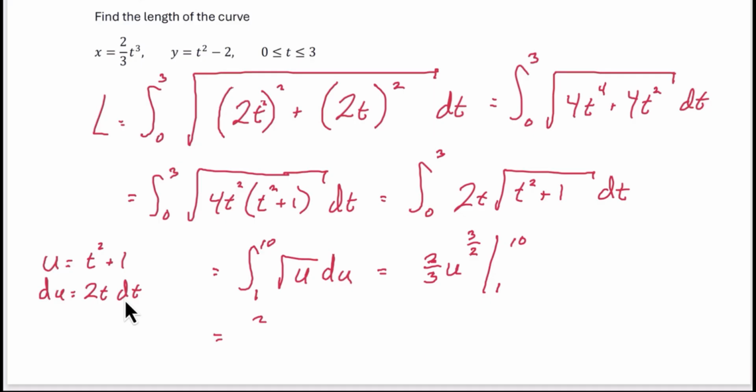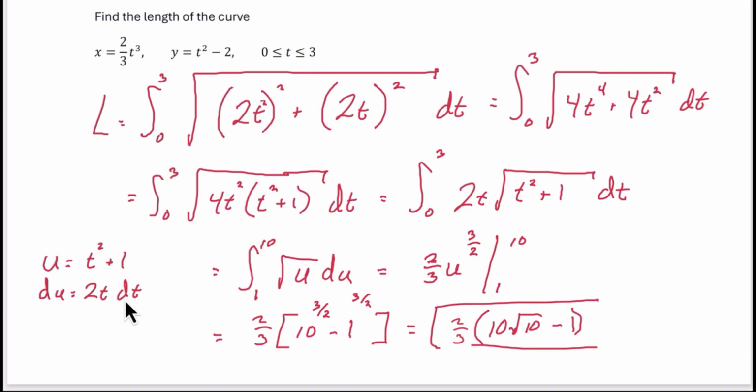That is 2/3 times 10 raised to the 3/2 minus 1 to the 3/2. That will give us 2/3 times 10 root 10 minus 1. And we now have the arc length.